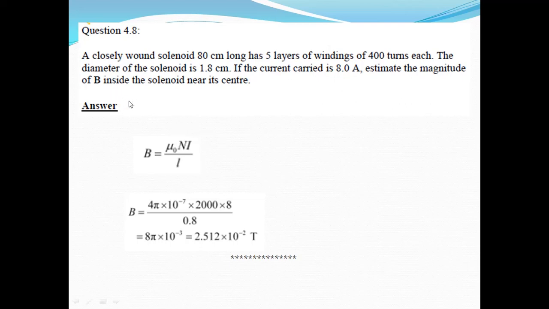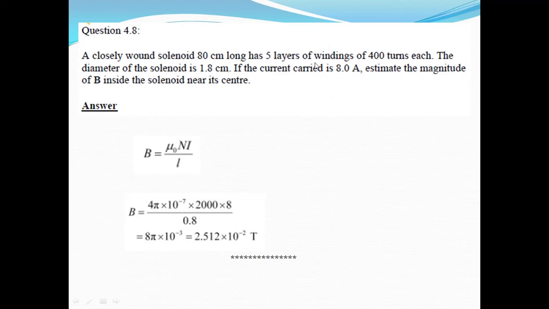Now, solenoid magnetic field inside the center of the solenoid. By Ampere circuital law, we have done the calculation for B equal to mu 0 Ni by L, where capital N gives you the total number of turns.